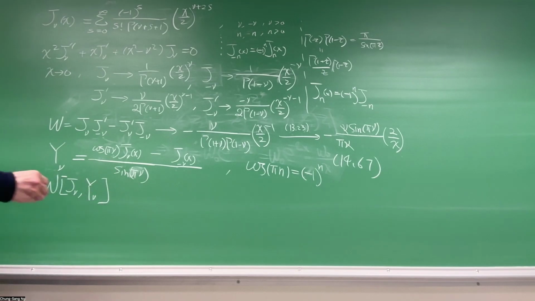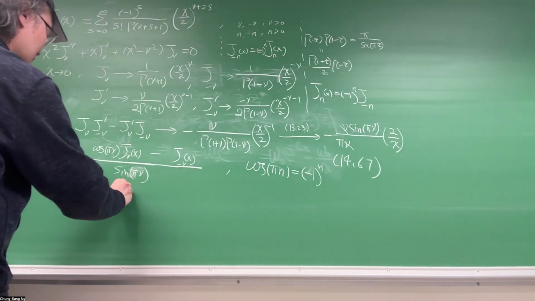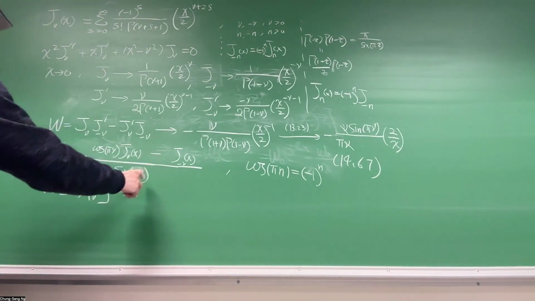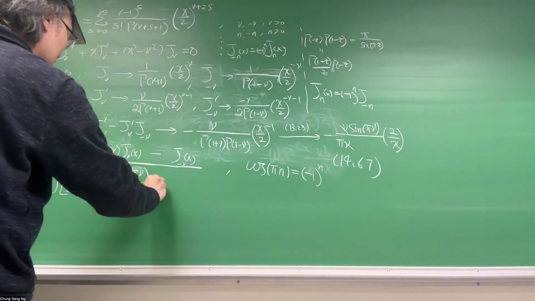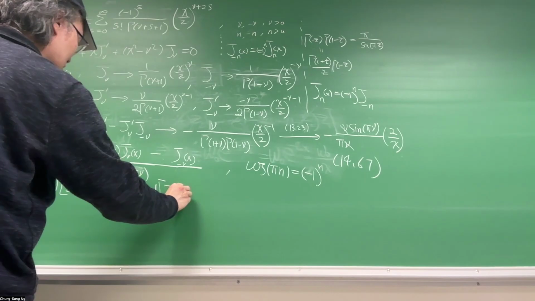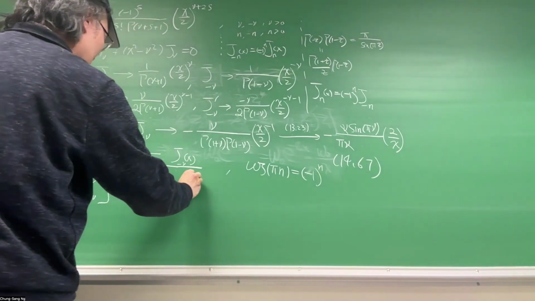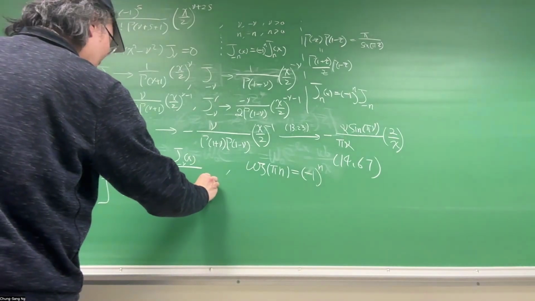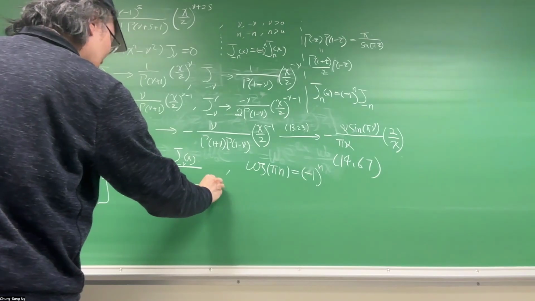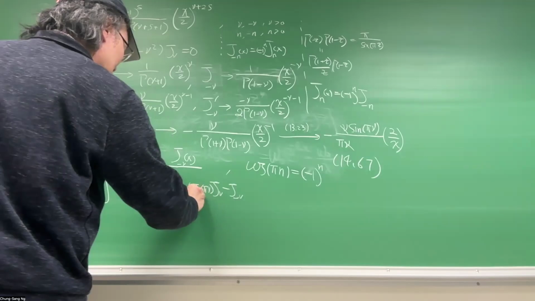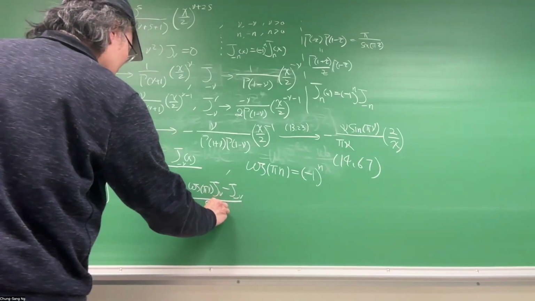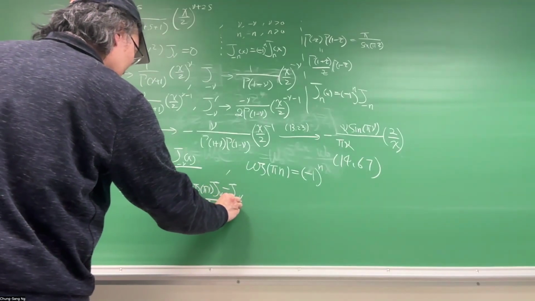Right. And now we just need to plug in this expression. So the Wronskian of J nu and cosine pi nu J sub nu minus J sub minus nu, over sine pi nu.